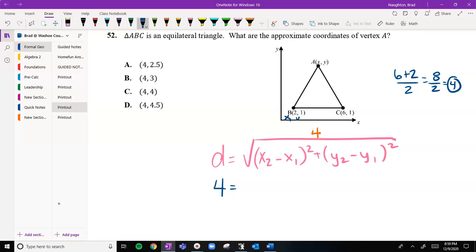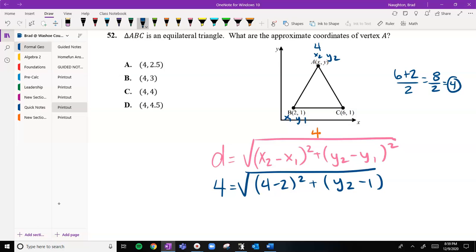So this is x1, y1. And then this is going to be x2, y2. And I already know that the x coordinate is 4. So this is going to turn up to 4 minus 2 squared plus, and then y2, which is what I'm looking for, minus 1, all that squared.